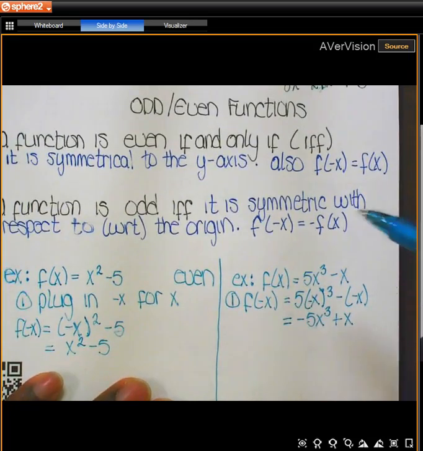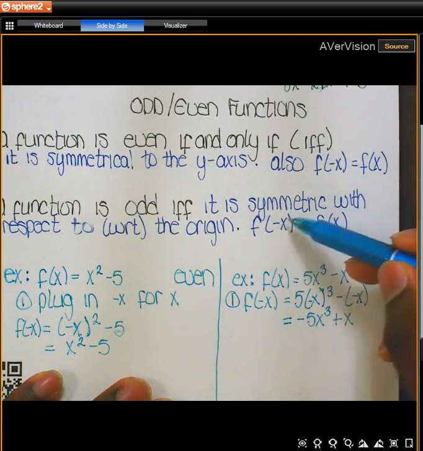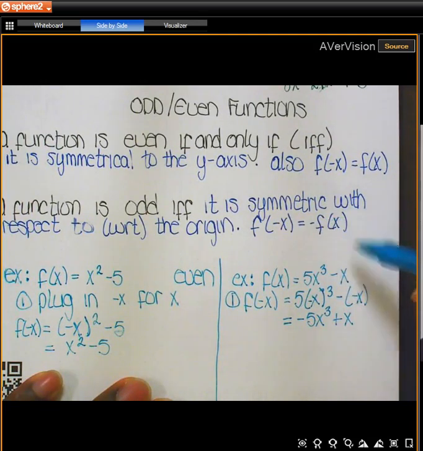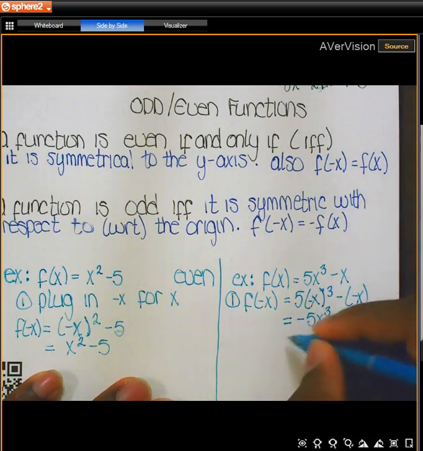So it's odd if f of negative x is equal to the negative of f of x. If we factor out a negative from here, what do we get?